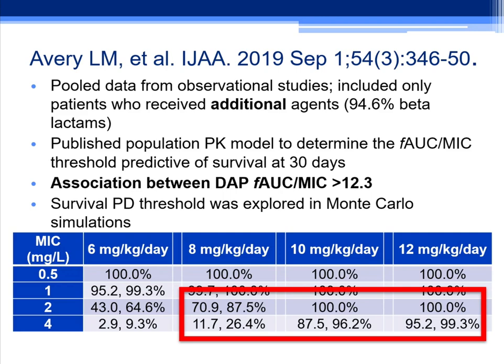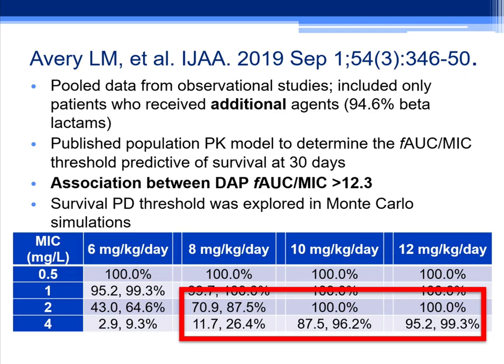So then Avery and colleagues went back again and found some observational studies of patients who received dapto plus an additional agent, which was focusing on beta-lactams, and discovered through a PK/PD model that an association between your free AUC to MIC ratio greater than 12.3, so significantly less, offered that survival benefit.